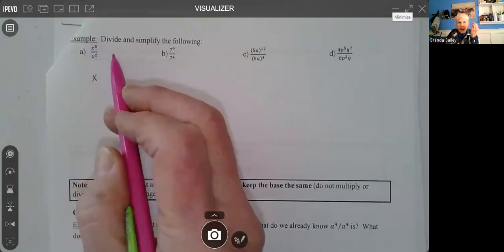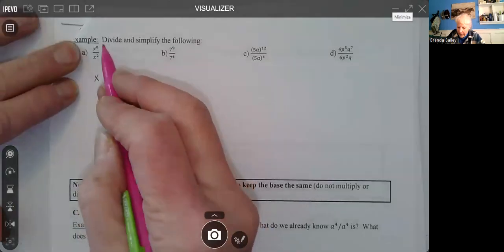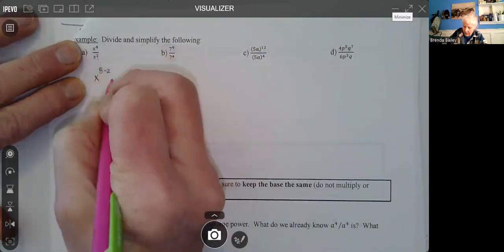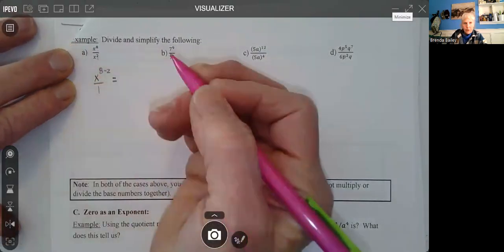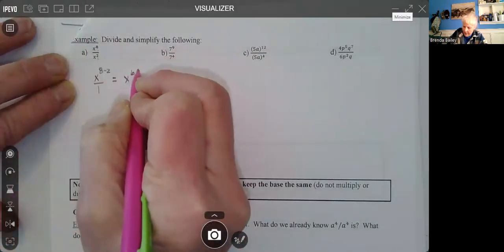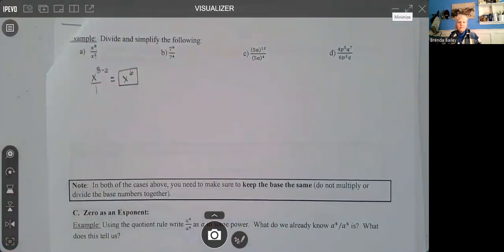So we know that we're going to have more in the numerator for our answer if we were to cancel them. So we have 8 minus 2 in the numerator. I'm not going to put it over 1. I guess you could put it over 1, and we end up with x to the 6th. We won't make it too complicated yet.